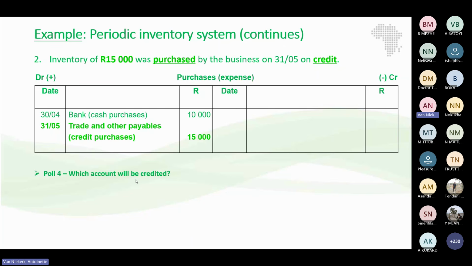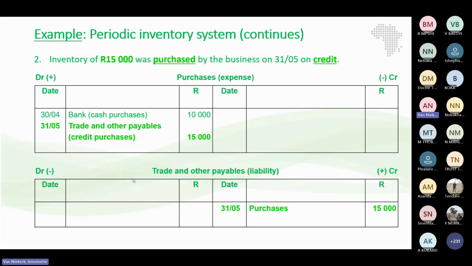Okay, so those of you who said trade and other payables, you are correct. Why trade and other payables? Because you purchased on credit. So this means you owe money to an entity or a client from which you purchased on credit. So you didn't pay them immediately when you purchased the inventory. You still owe this money.